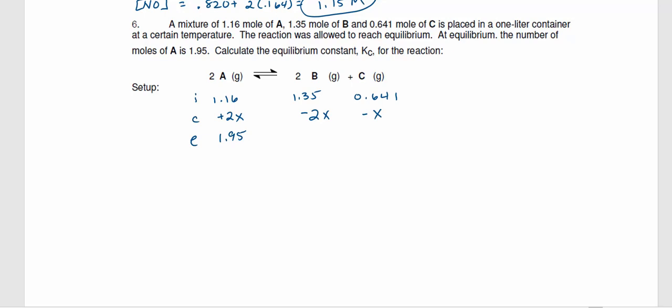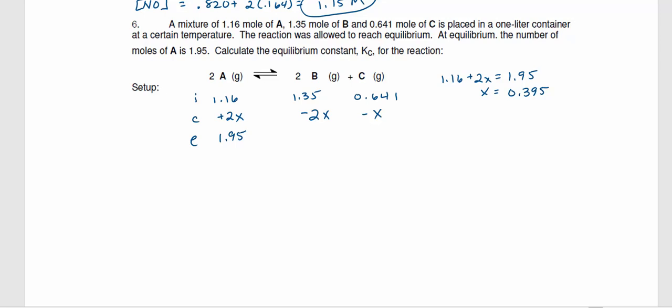So we need to calculate this equilibrium constant Kc. 1.16 plus 2x is going to be equal to 1.95. Subtract 1.16 from both sides, then divide by 2, and I get an x value equal to 0.395.